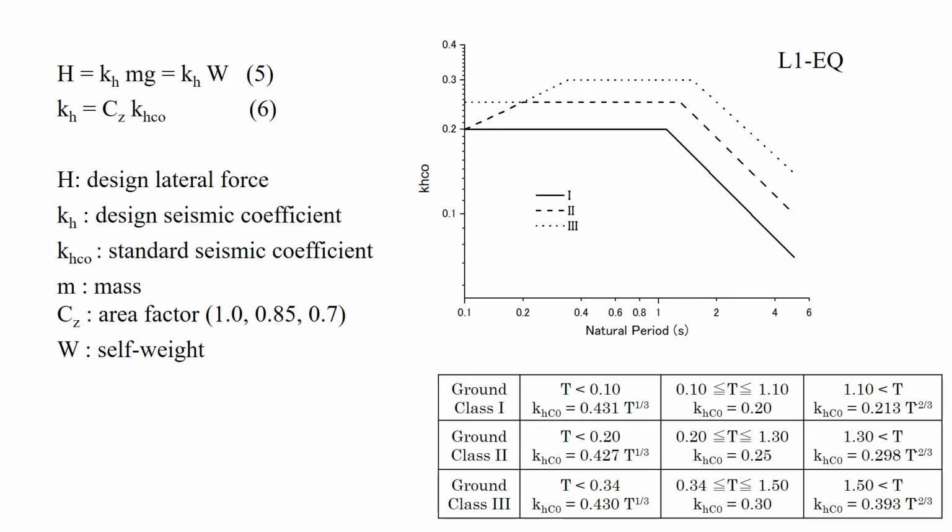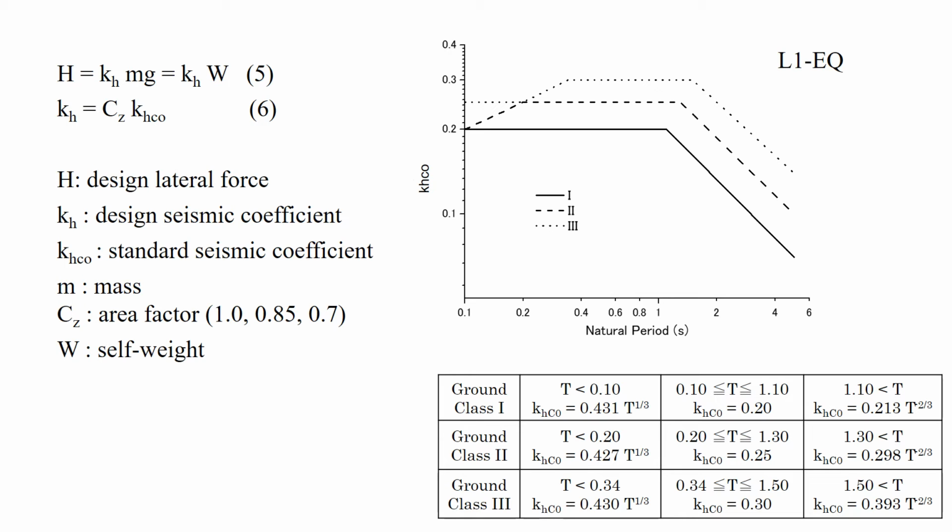This graph shows KHC0, the standard seismic coefficient for L1 earthquake. The x-axis is the natural period of a structure and the y-axis is KHC0. There are 3 lines which are used for 3 ground classes.